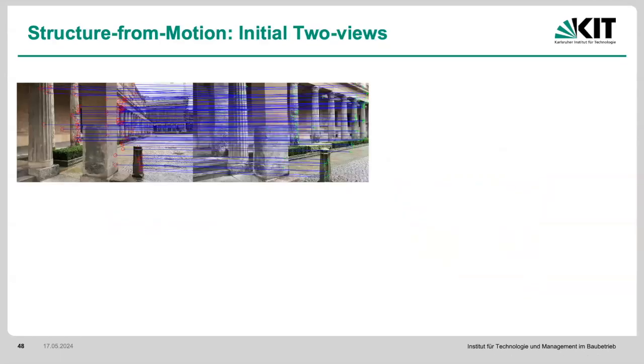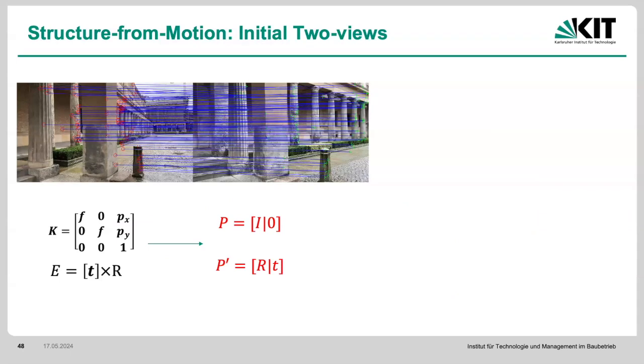Okay, so we have essentially a set of similar points between one or two or multiple different images, and this typically is carried out through a process we call scale invariant feature transform. We get the K matrix, which is the calibration parameters, and your essential matrix. We get the projective matrices, and here there's a K missing.